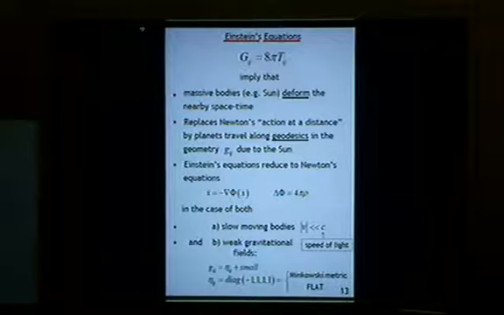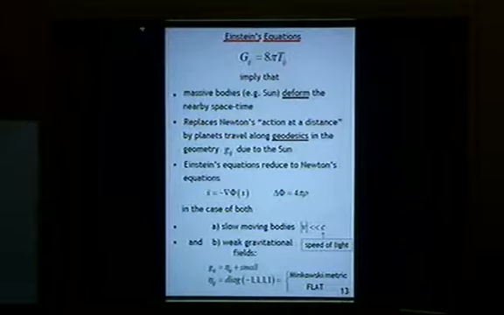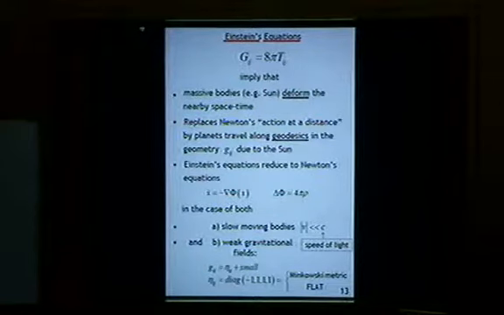Now, Einstein's equations imply that massive bodies, see, on the left-hand side we have the geometry, on the right-hand side we have the physics. So Einstein's equation implies that large bodies, in fact every body, but large bodies you could measure, like the sun, deform the nearby space-time. So Mercury is the closest planet to the sun.